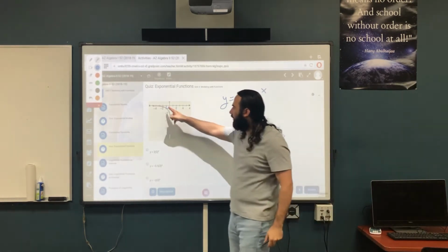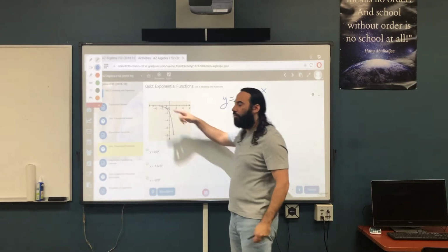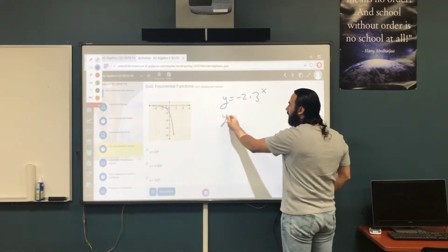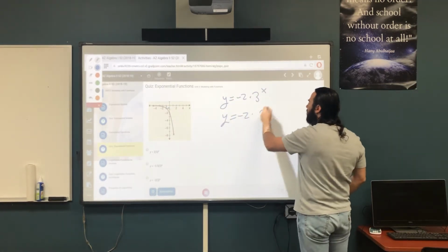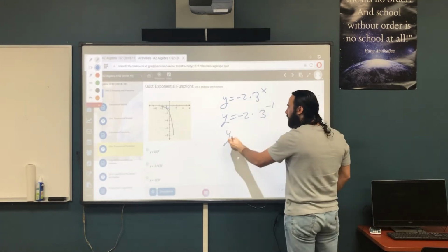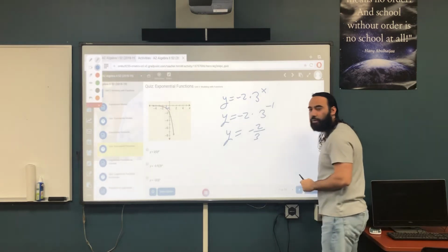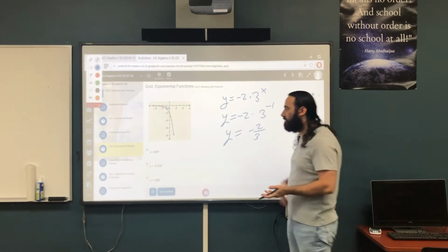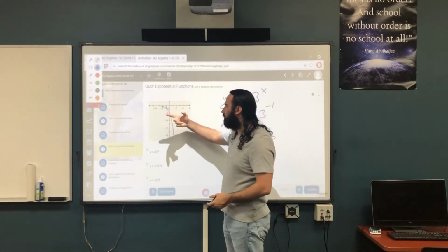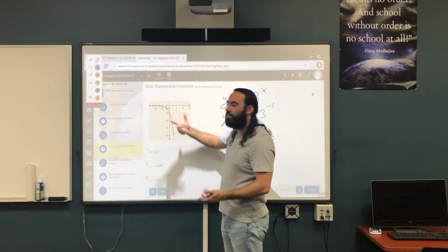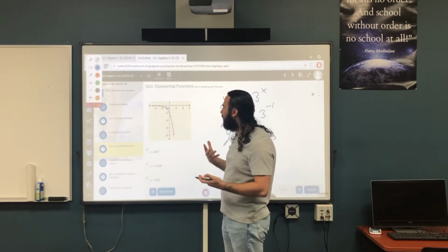We decided that the x value is negative 1, so it's going to be y equals negative 2 times 3 to the power of negative 1. In this case, the answer will be negative 2/3. It could be negative 2/3 because it's close to negative 1.